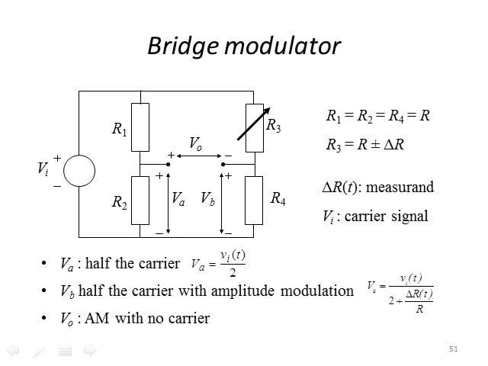We can also do a bridge modulator where we have a bridge configuration with resistors R1, R2, R3, in this case a single element bridge, and then R4.